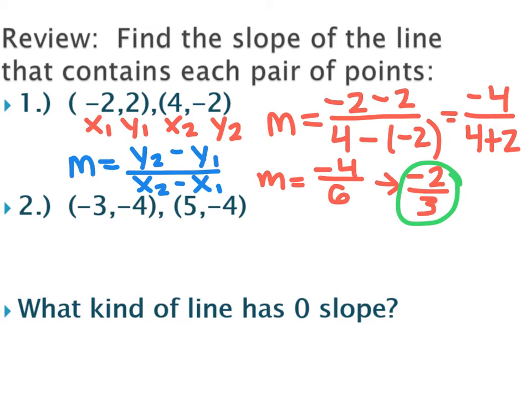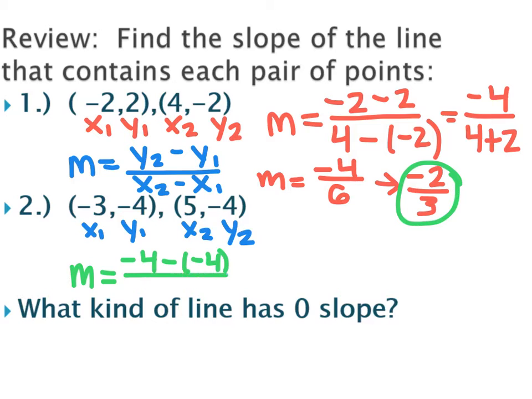For the next example, I'm going to do the same thing. So I've decided that I want to call negative 3 x1, y1, x2, y2. And we're going to plug it into our formula. So if I did that, it would be y2, which is negative 4, minus y1, which is negative 4, over x2, which is 5, minus x1, negative 3.